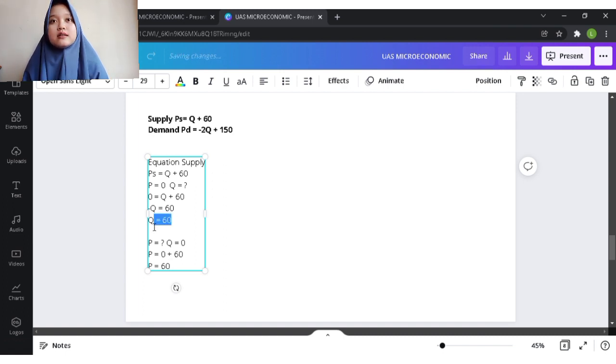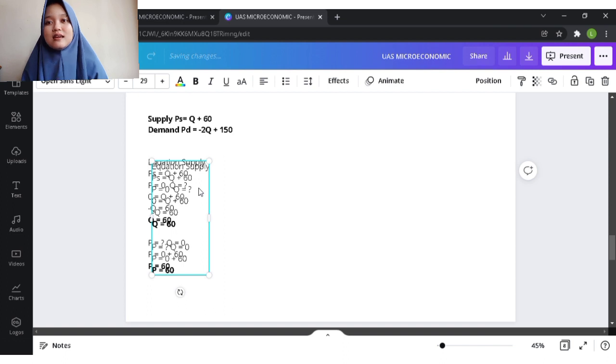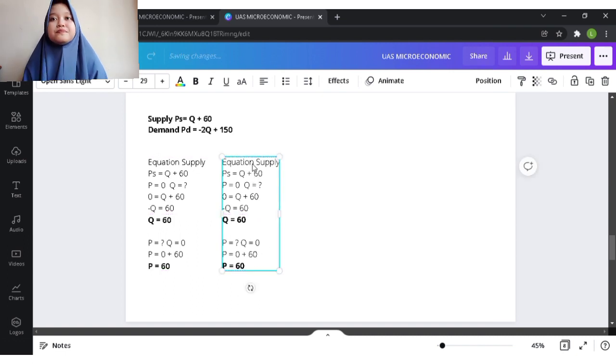So in the supply equation we get K equal to minus 60 and P equal to 60. I'm sorry, this is in the K, not P, not minus 60, but in the next step it will be revised.